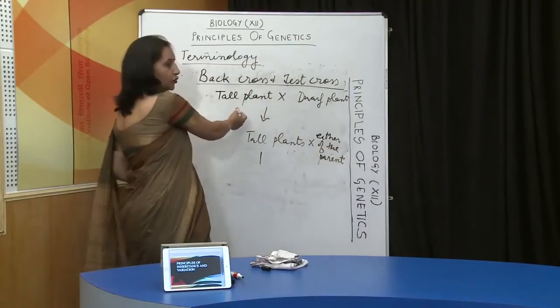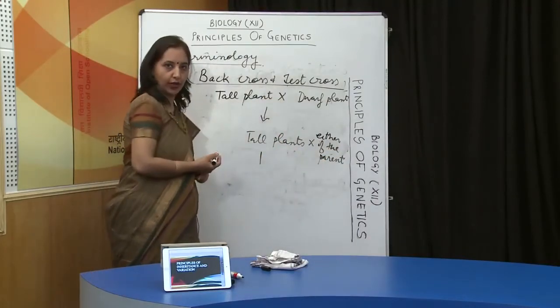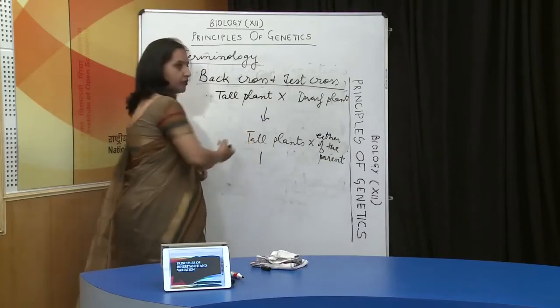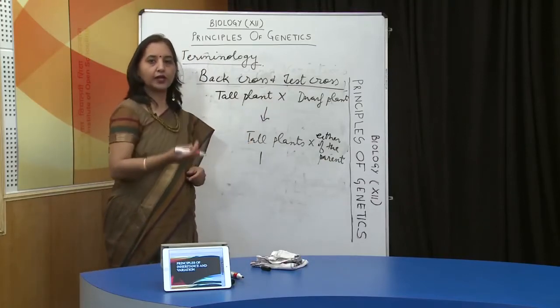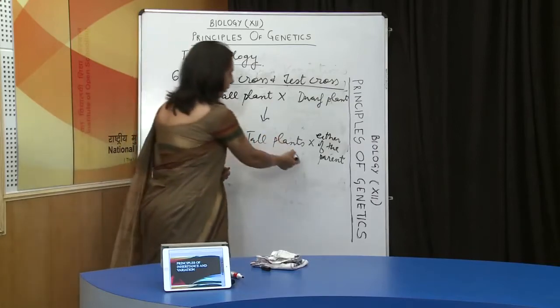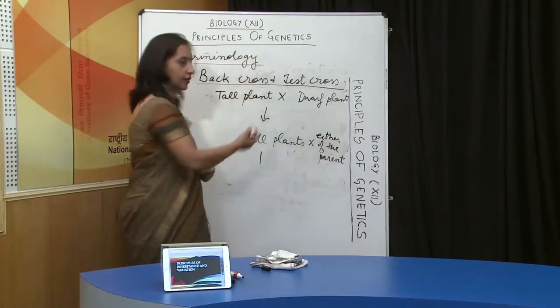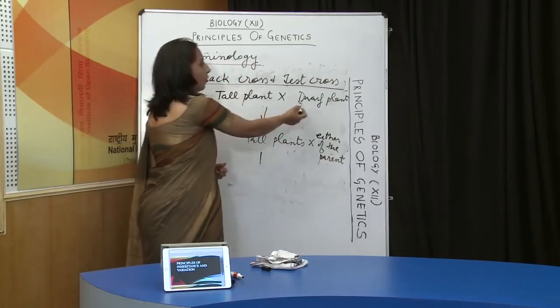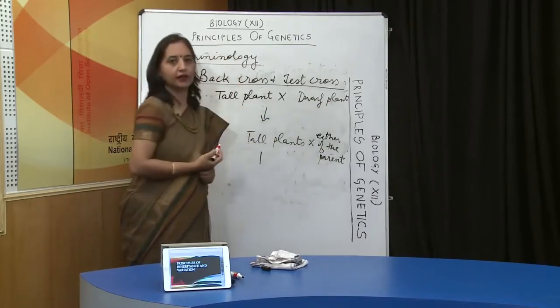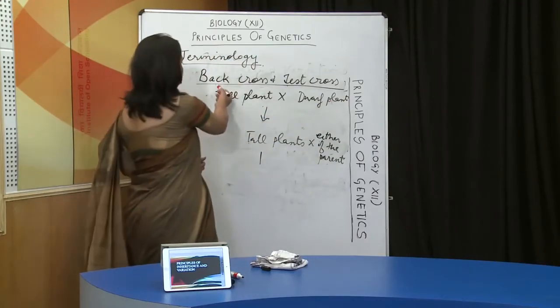So when we take a tall plant and cross it with the dwarf plant, we get the first generation, and to get the second generation, we cross it with either of the parents, either with the tall plant or with the dwarf plant. So this is called a back cross.